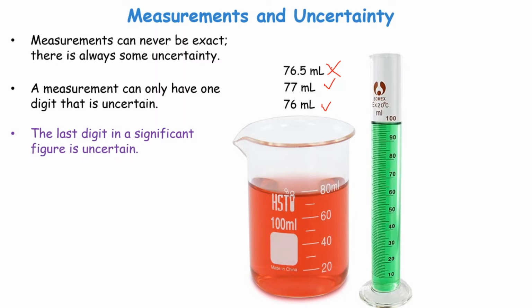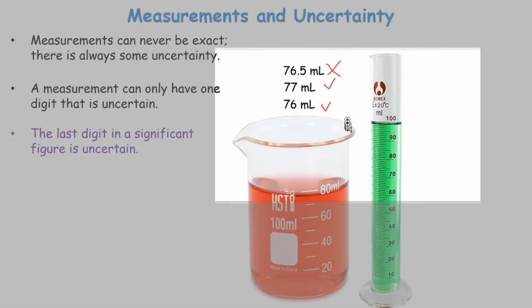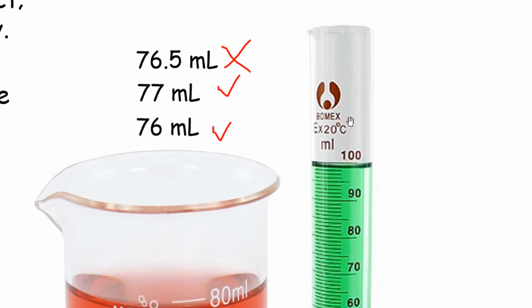Let's look at another example. Right here, let me bring that one up. You see, we know this is 90 and this is 100. Right in between, there are, of course, 10 more scales. So that's 91, 92, 93, 94, 95, 96, 97, and 98.